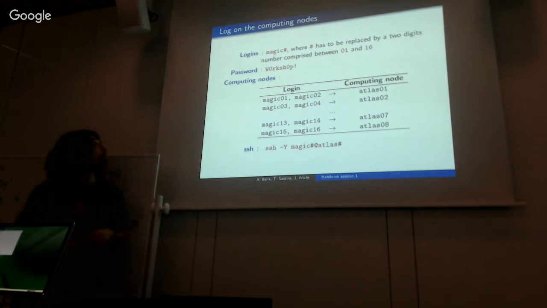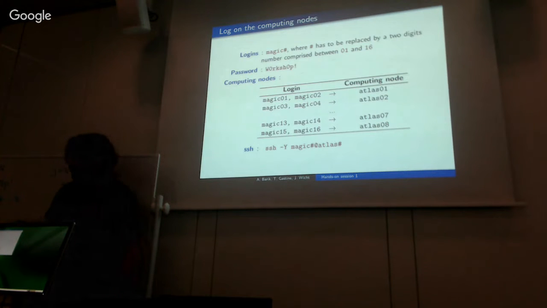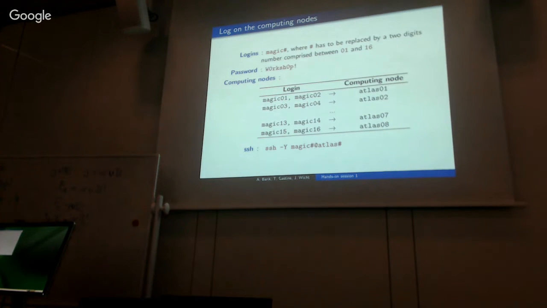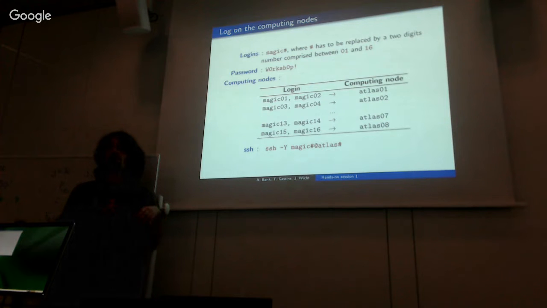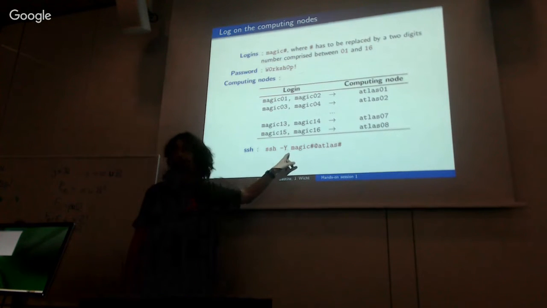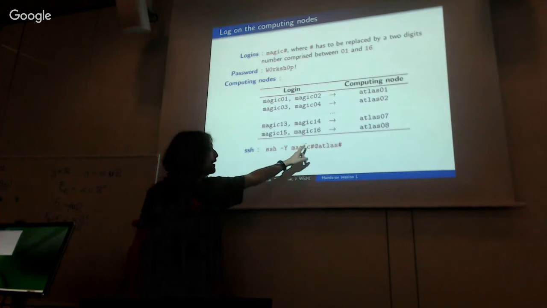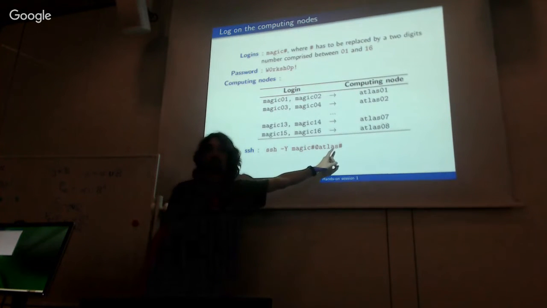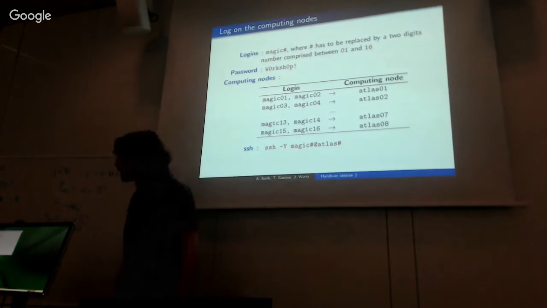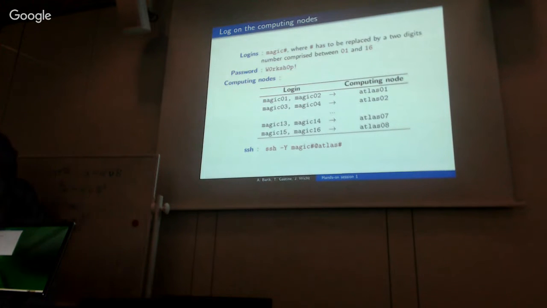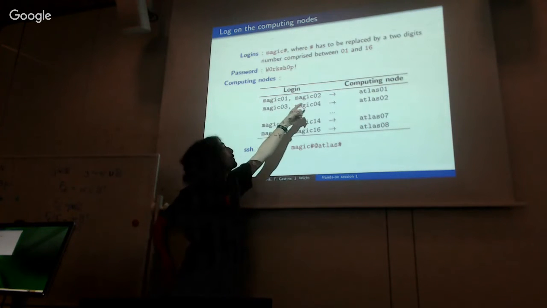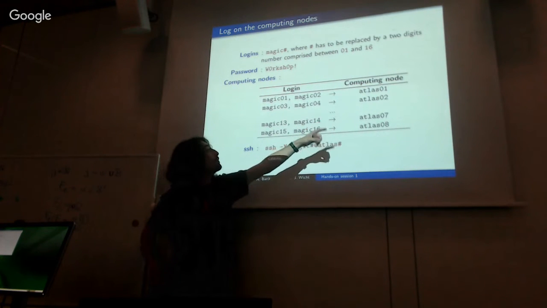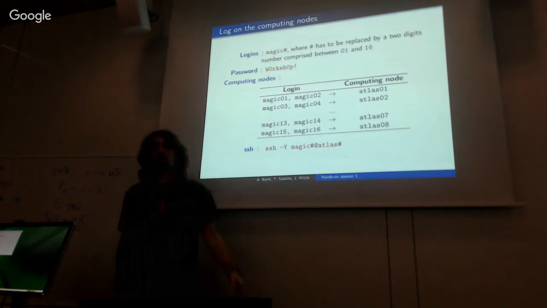Then you should use the SSH command to log on to the computational node. You should follow SSH -Y, your username, arrow, and then the corresponding Atlas node. The Atlas node corresponds this way: Magic 1 and 2 go to Atlas 1, 3 and 4 to Atlas 2, and so on up to 8.